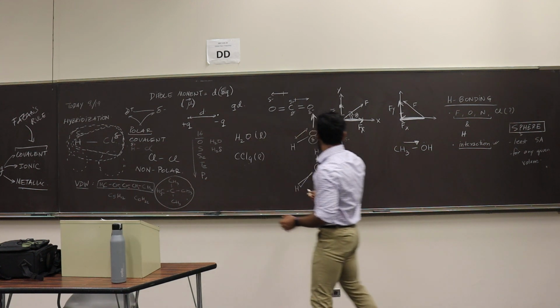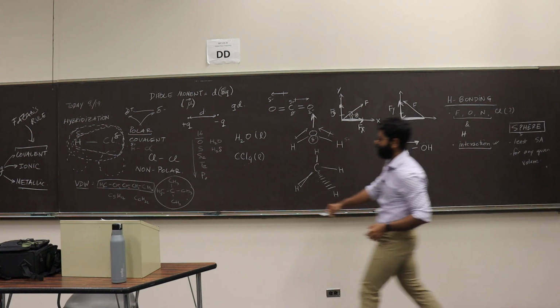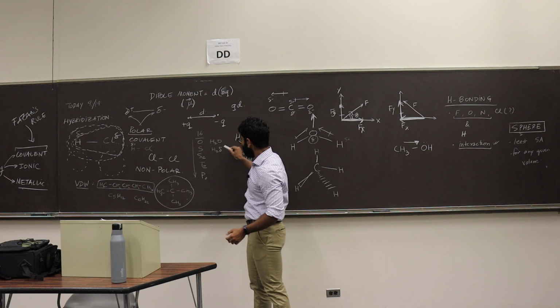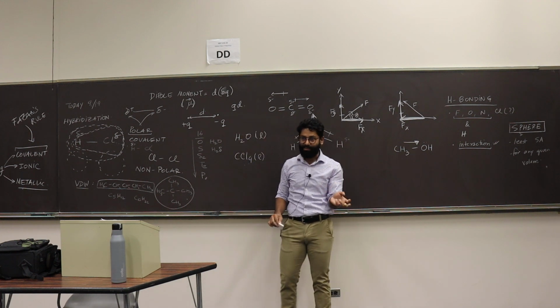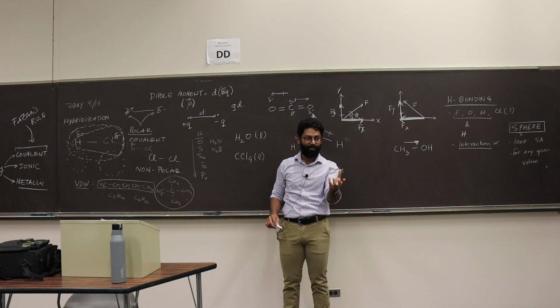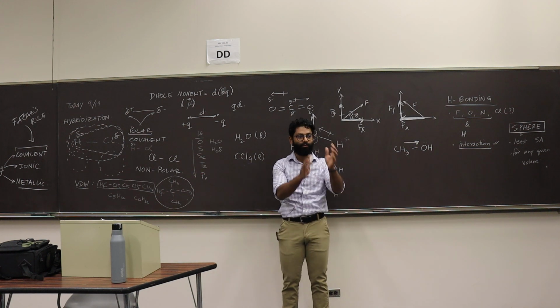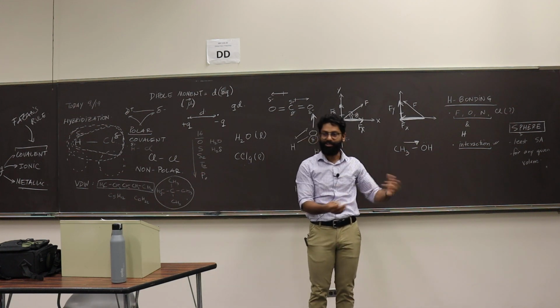But now let's move to group 16. When you have more molecular weight, you are becoming more and more solid. As you increase the molecular weight, you're going more towards a solid regime, right?